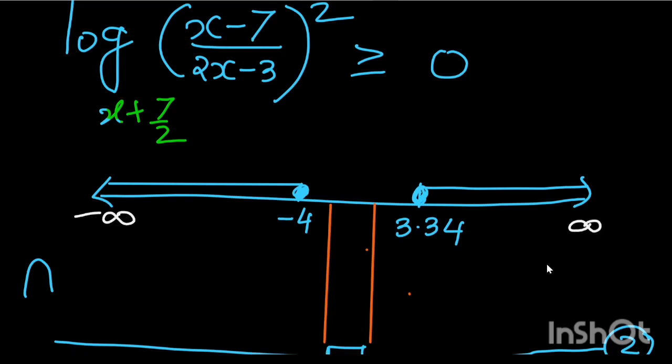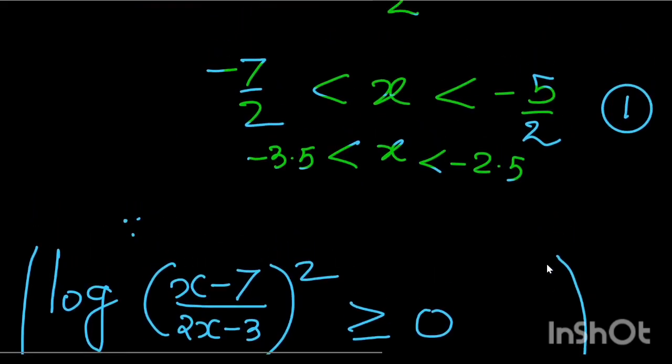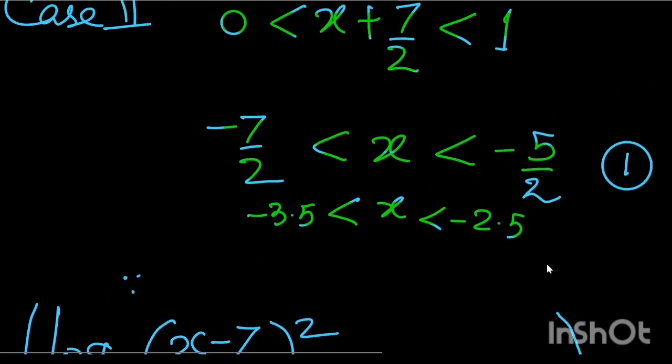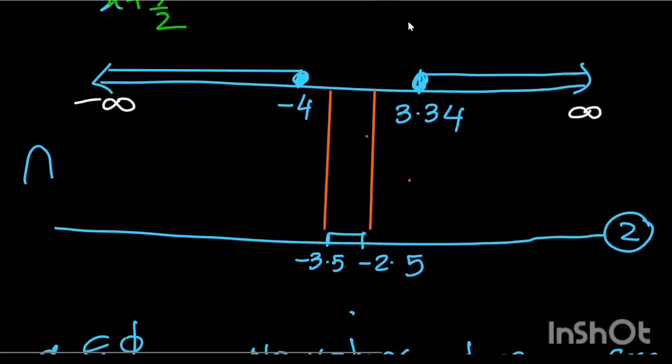Now from equation 1, that is what we assumed, the base constraint 0 to 1, this would be written here, guys. This is minus 3.5 to 2.5. Now if you take the intersection, there are no common points in this solution.